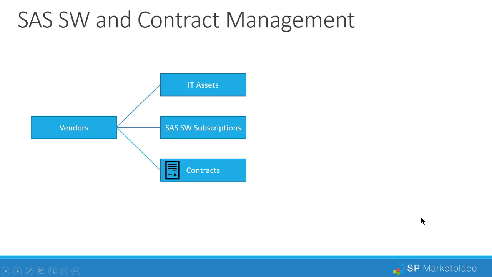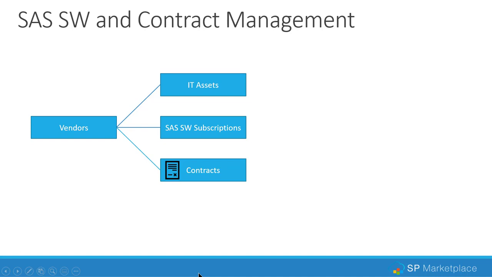So the way this works is that we add into the IT support product a vendors list, which then also connects to your IT assets list, which is part of the base product. And we add two new components, a list that keeps track of SaaS software subscriptions, and a contracts library.